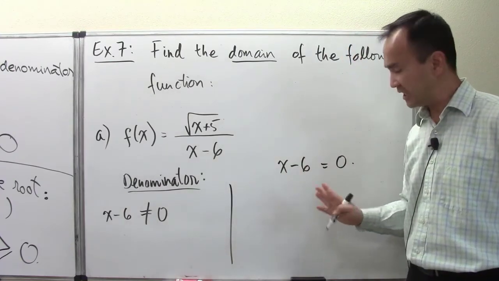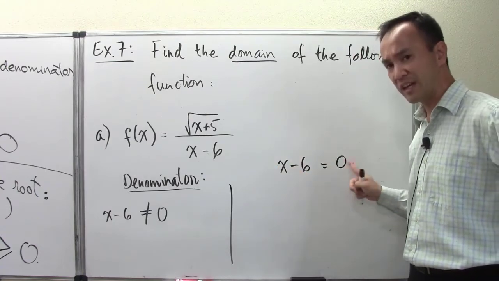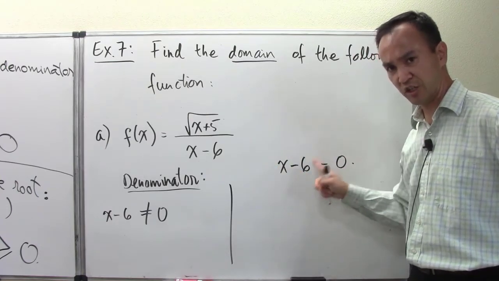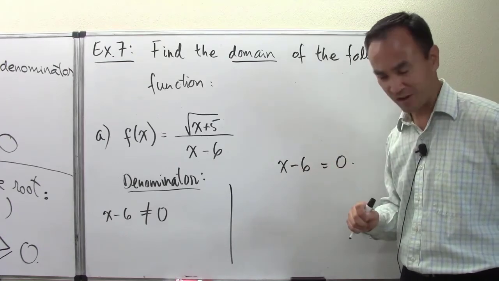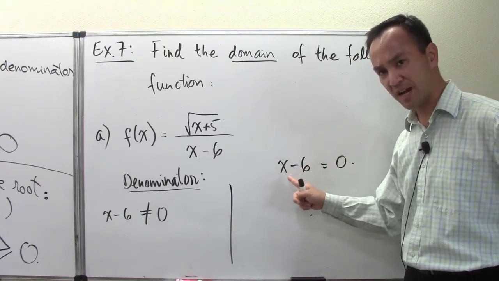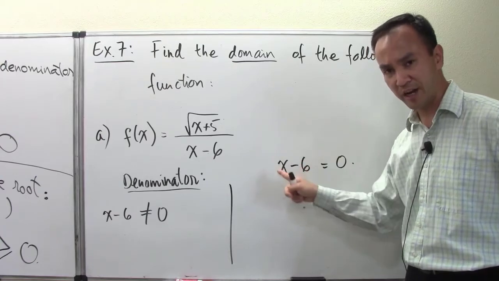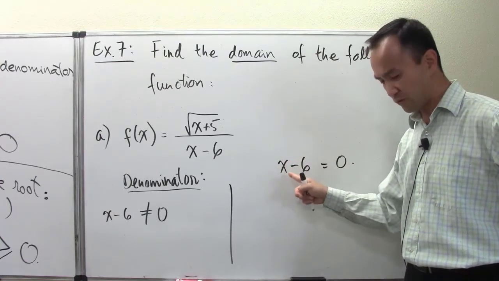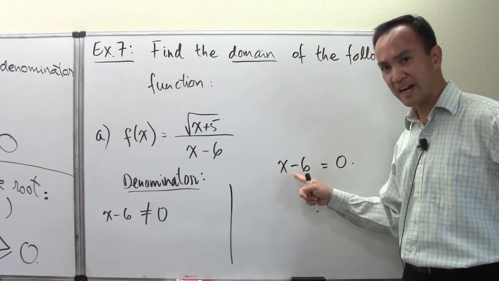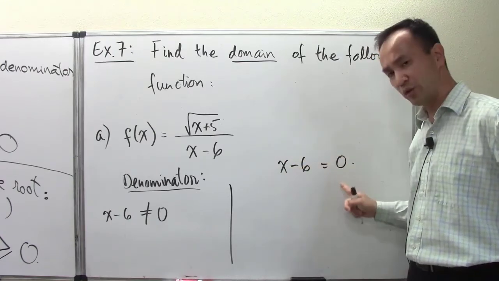We purposely let it come to the case where it's bad, and then we search for who caused that bad situation. We're going to find that x value, that bad guy that causes the denominator to equal 0. It could be more than one guy.